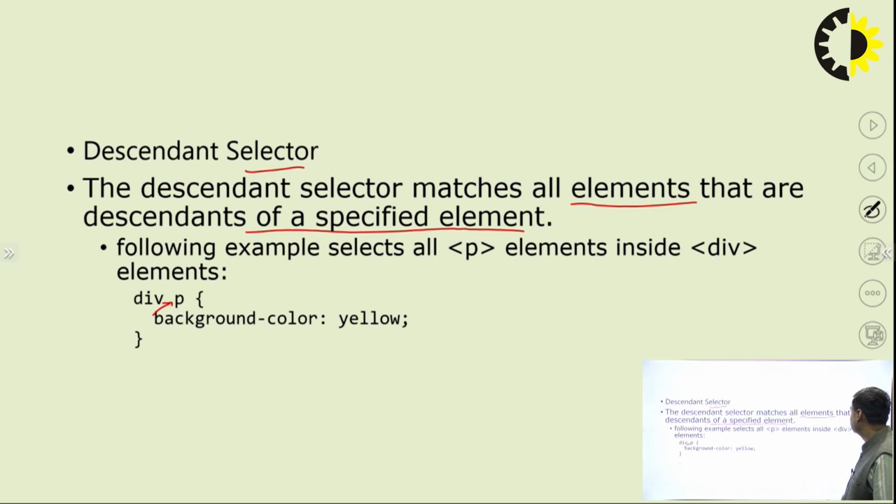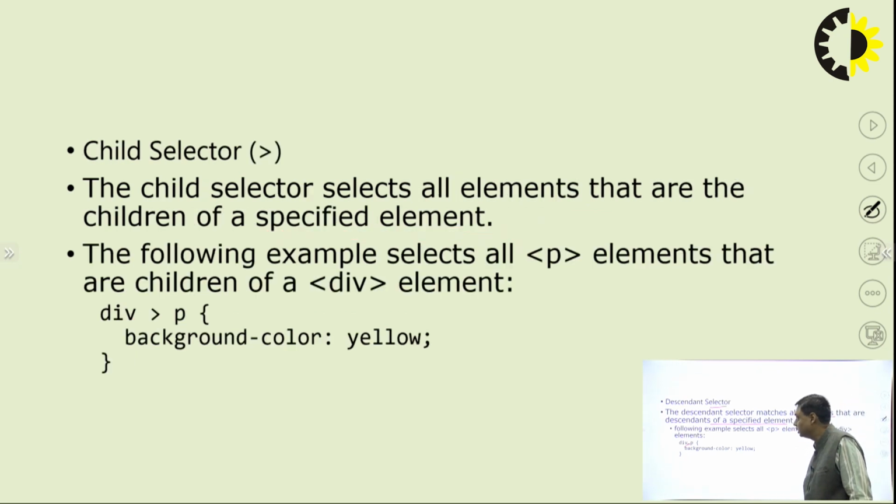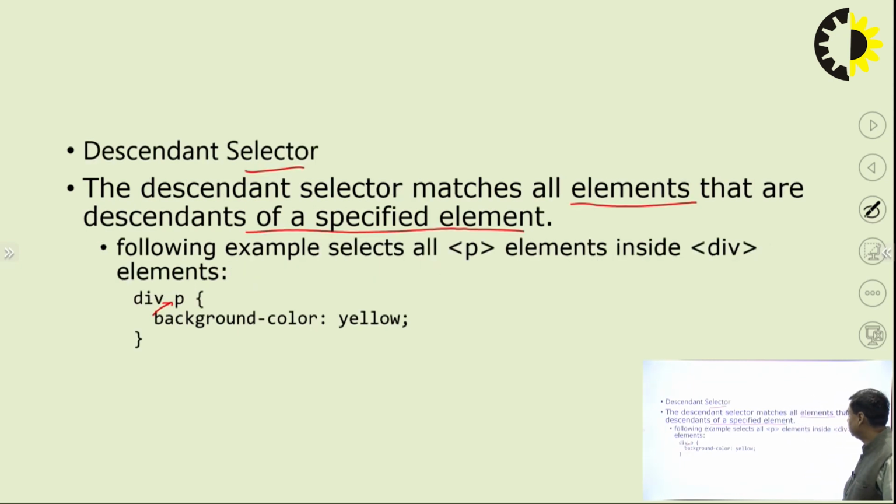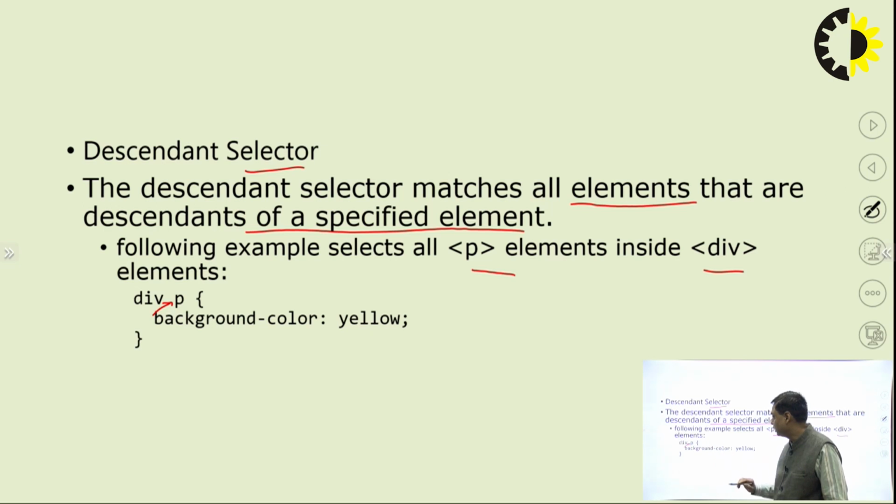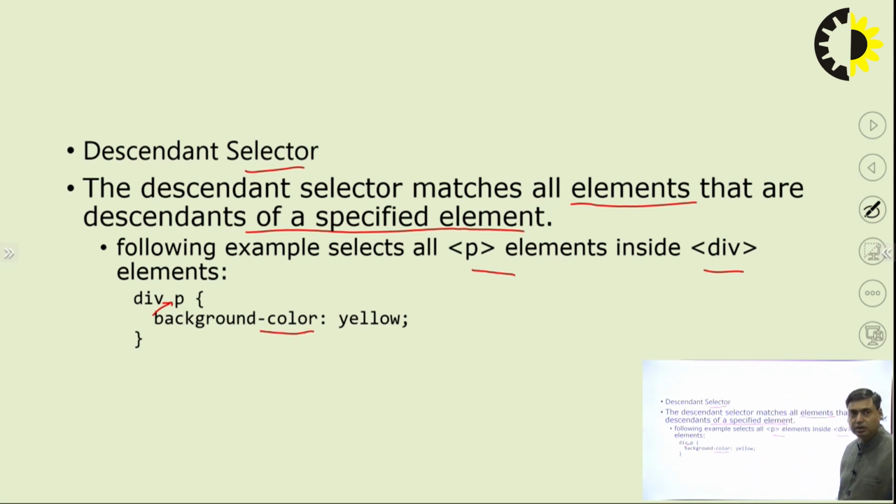So we are going to discuss an example to represent the descendant selector. So in this example, you can see the P element is inside the div elements. So all the P elements inside the div elements are basically the descendant selectors. So all the P elements inside the div element will be selected, and the P element background color will be yellow.